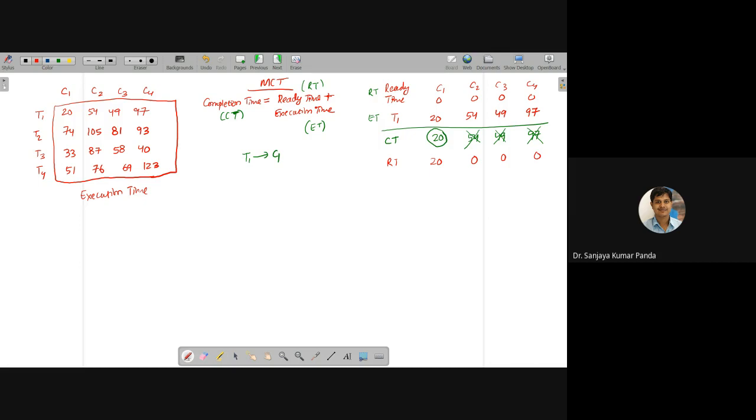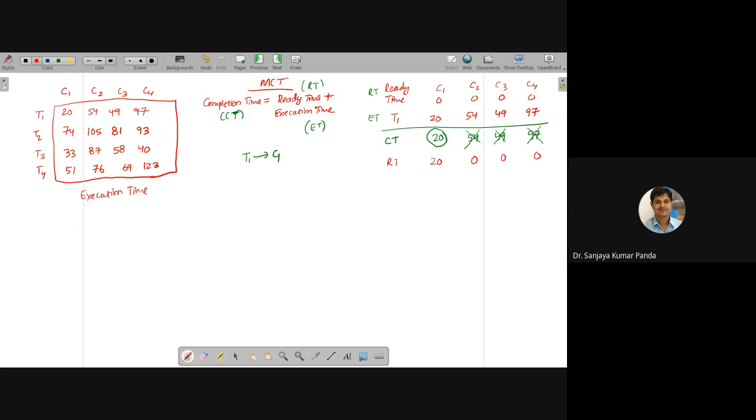The cloud to which you are going to assign the task, there only you have to add the ready time. In the other cases you put 0, because you have not assigned the task to that particular machine, so it does not result in ready time.